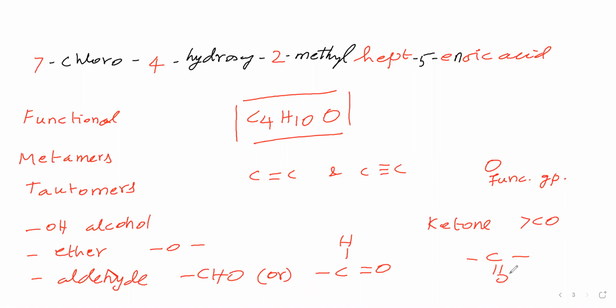So ketone contains one oxygen. Next, acid halide. That is C double bond O X. X is Cl, Br, I, a halogen. These all contain one oxygen.